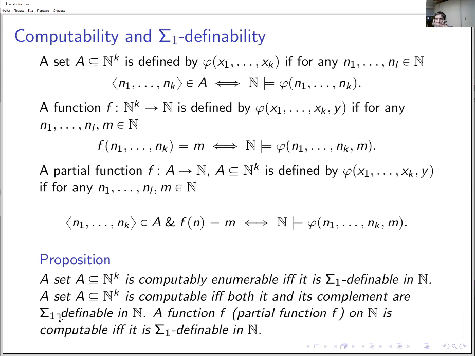So in the case of arithmetic, you have this very nice connection between sigma 1 definability and computability, which means sigma 1 definability could essentially be regarded as a model of computation.